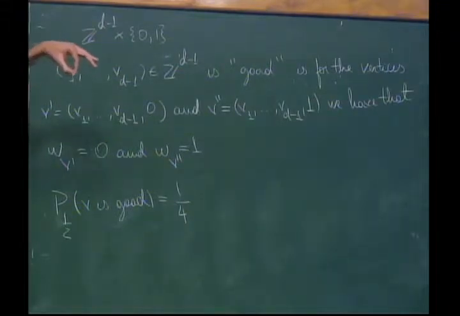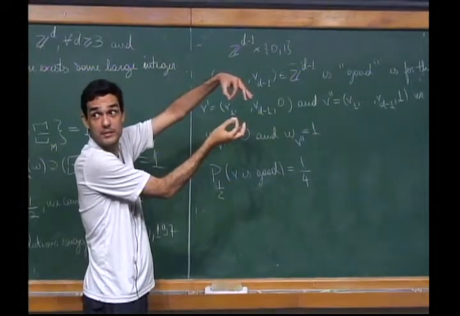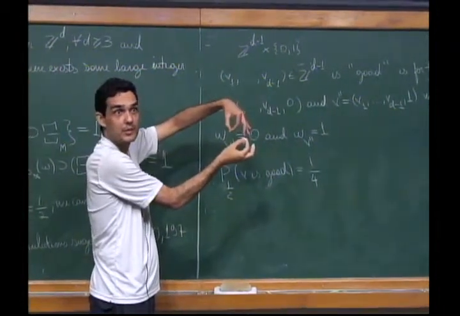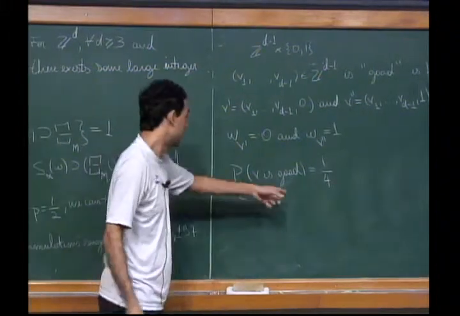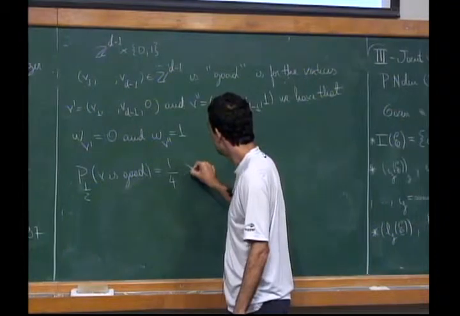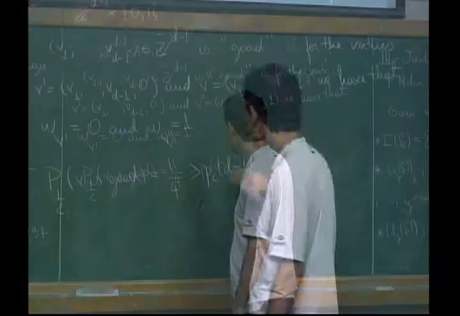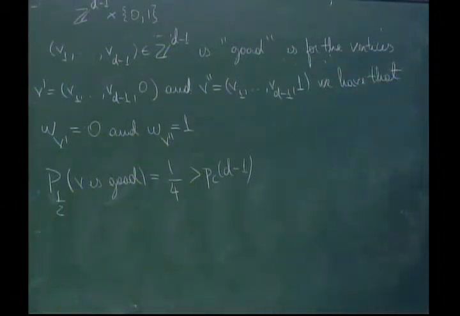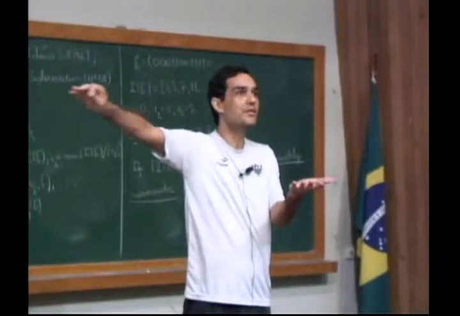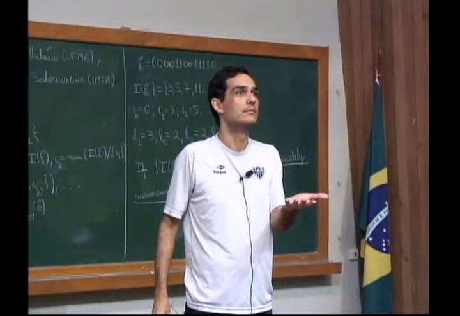I'm looking for a 0 here and a 1 here, and the model is independent: 1/2 times 1/2, 1/4. And 1/4 is bigger than pc of Z^(D-1). So we have percolation of good vertices on Z^(D-1).